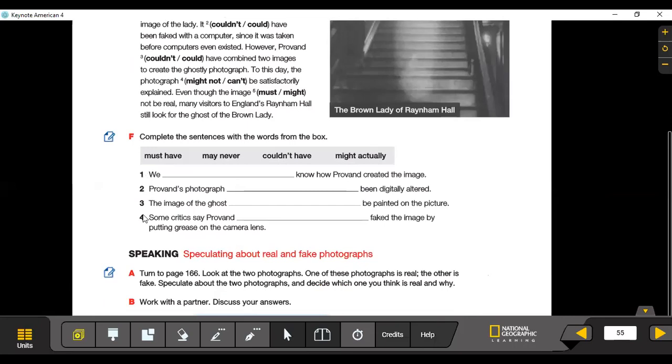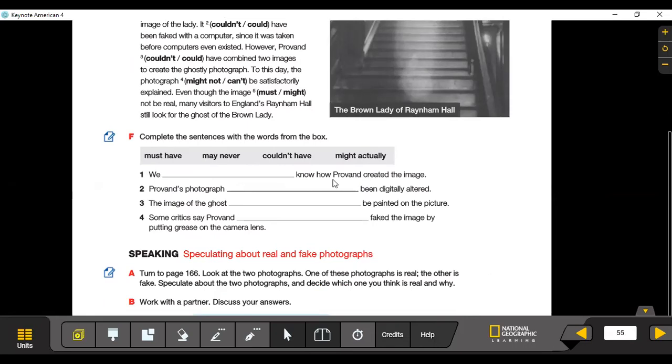We have these four sentences, and it says complete the sentences with the words from the box. So we have four incomplete sentences, and then we have must have, may never, couldn't have, and might actually. So it's deduction and speculation.